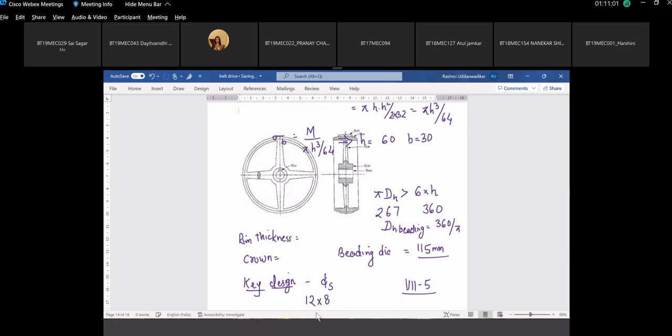This is the key cross section. The keyway is the slot which is cut partially in the shaft and the other half in the hub. For this 8 mm depth of the key, 5 mm should be cut in the shaft, 3.3 should be cut in the hub. What about the length of the key?